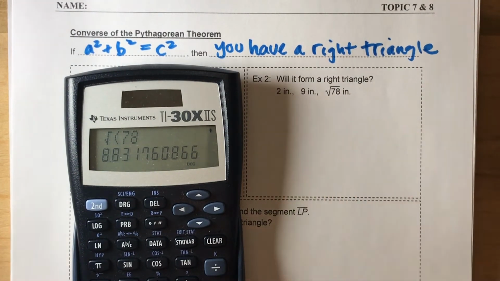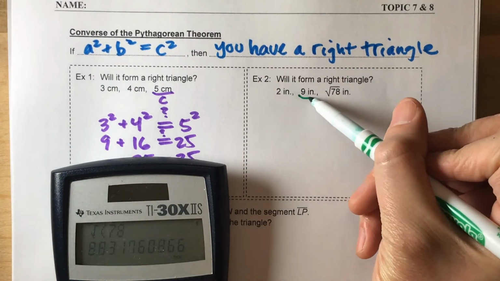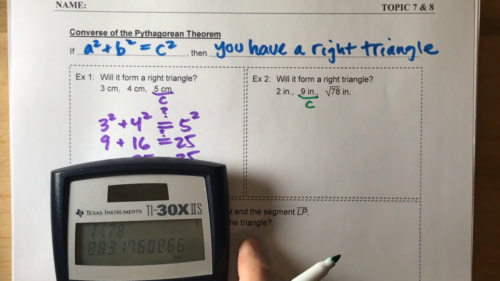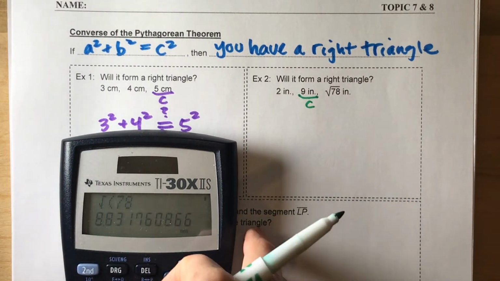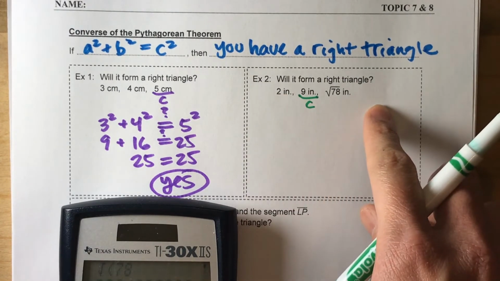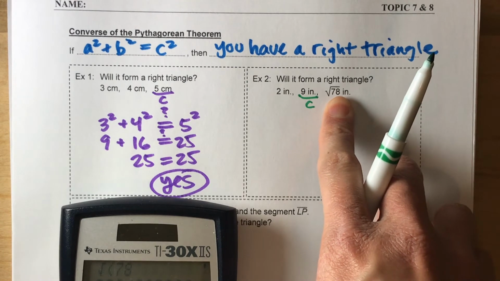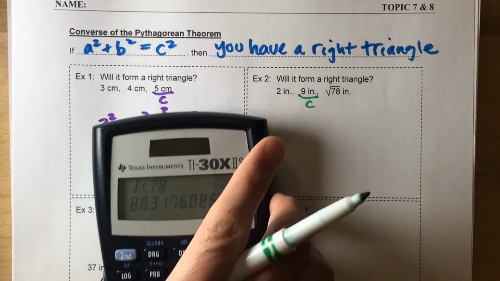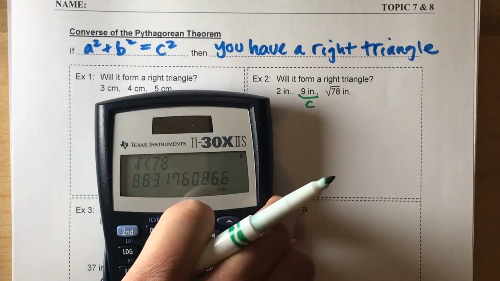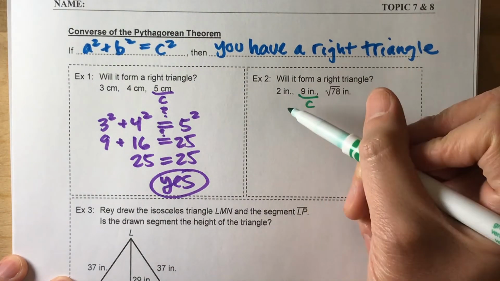That isn't the longest side. On this triangle, 9 is the longest side. So that has to be our c. Be careful on some of these problems because I won't always put the side lengths in order. You're going to have to figure out which one's the long one. This one initially might look like it's longer, but when you do the math, it's actually not the longest one. 9 is.